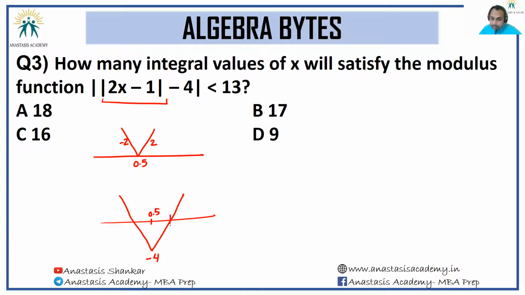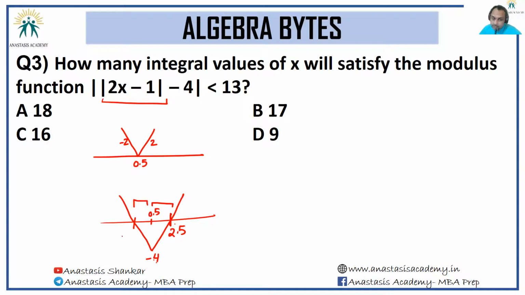Now, in order to identify which points they are cutting the x-axis at, all you need to look for is, from -4, you have to achieve value 0. From -4, the value of y, or the value of the expression, has to go from -4 to 0. And the slope of this line was anyway 2. So in 2 steps it will go. So from 0.5, you go 2 forward. You reach 2.5. This is where the x-axis is being cut. On the left-hand side, you also go 2 backwards.